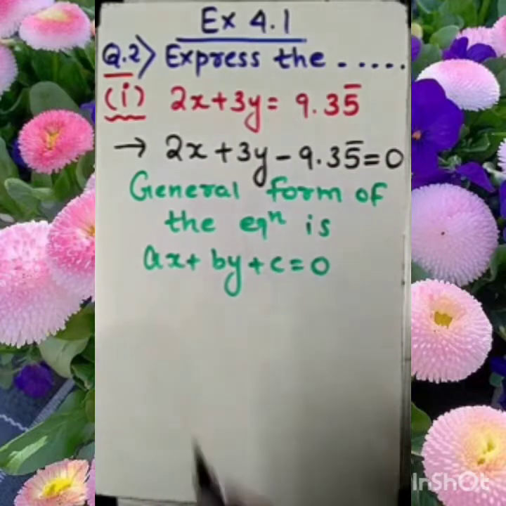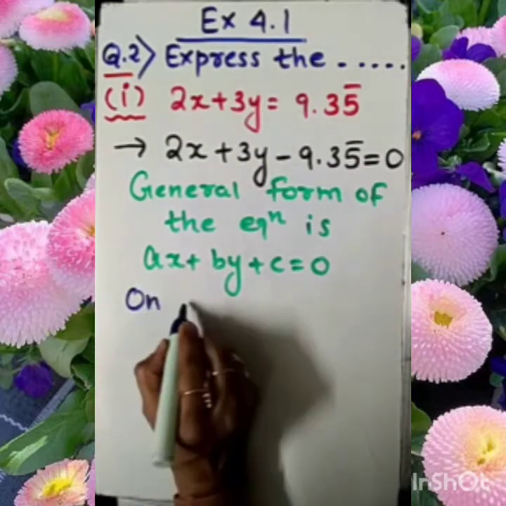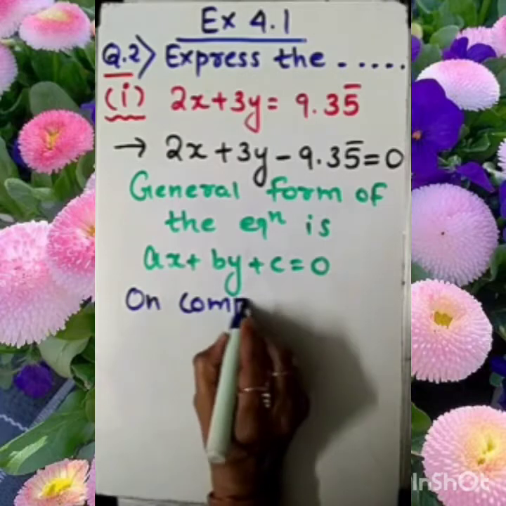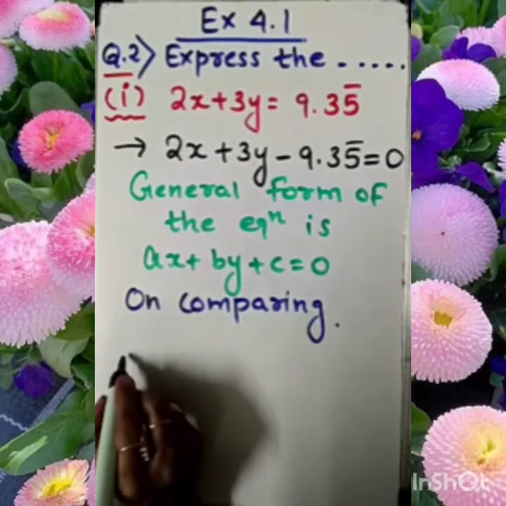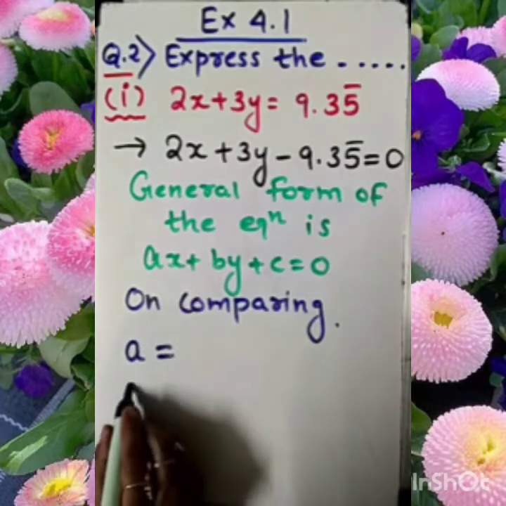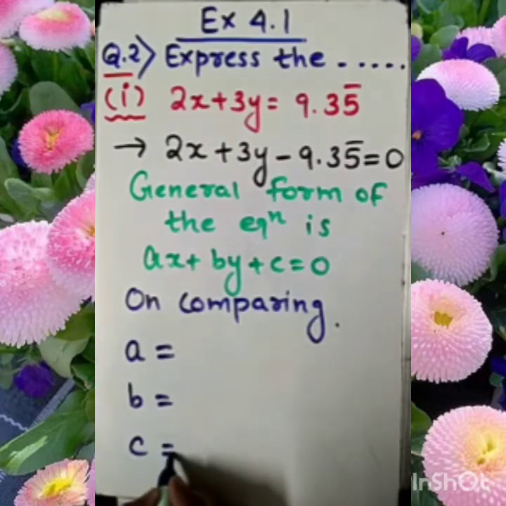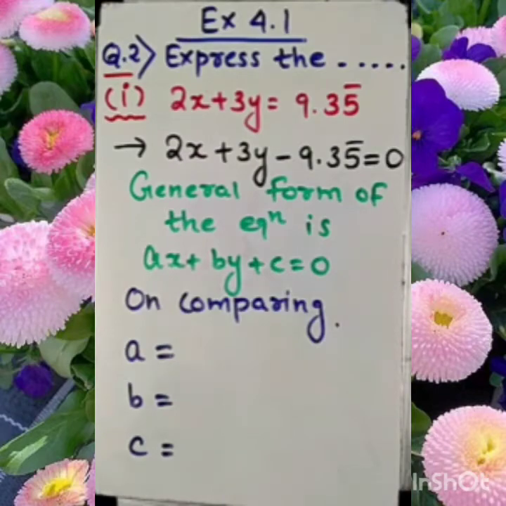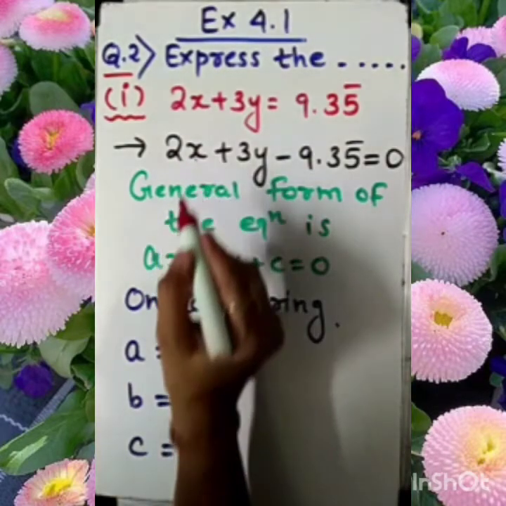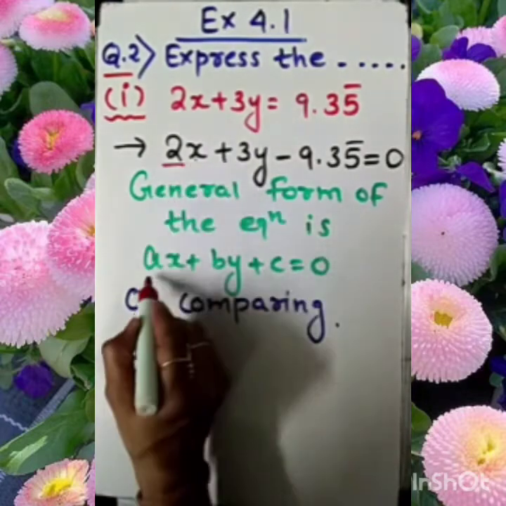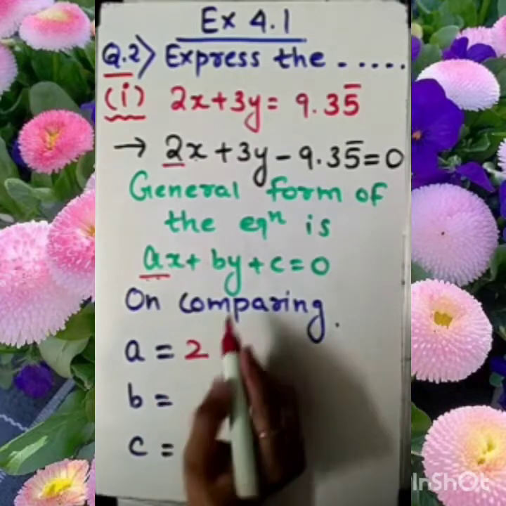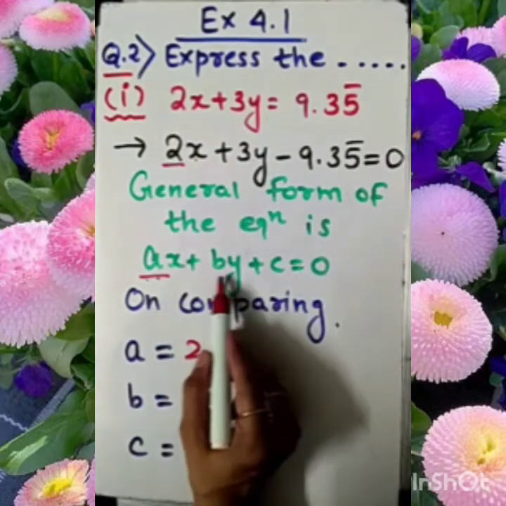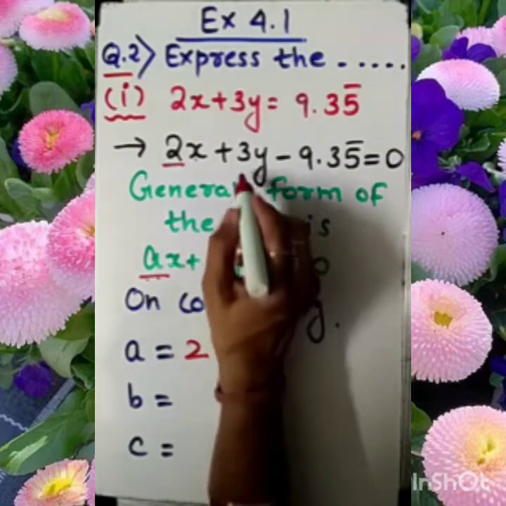So on comparing, we need to write on comparing. Now observe carefully dear student. If we compare, then what will be the value of a, b and c? If I compare x with x, then what will be the value of a? A equal to 2. If I compare 3y with by, what will be the value of b?